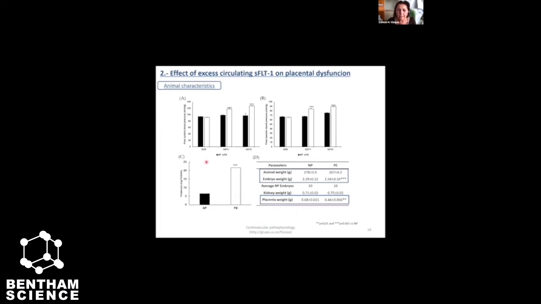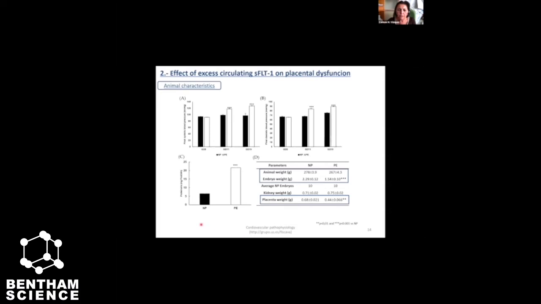We can see that systolic blood pressure and diastolic blood pressure are increased on GD11 and GD19 in preeclamptic animals when compared with normal pregnant.